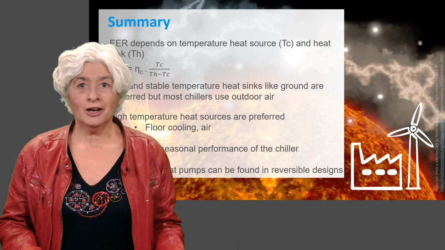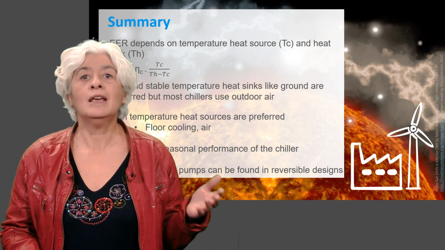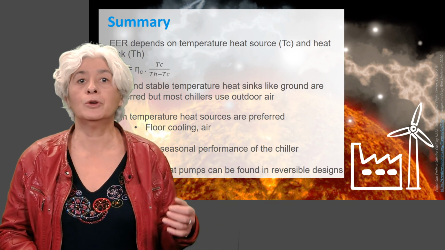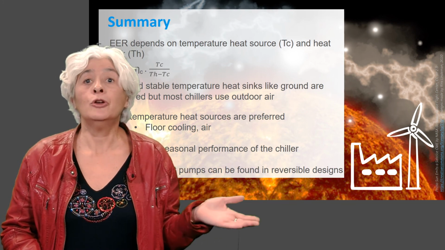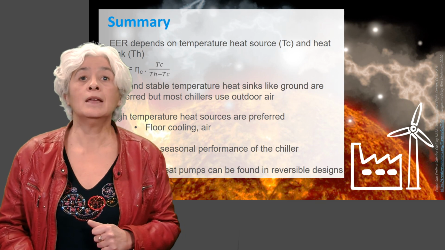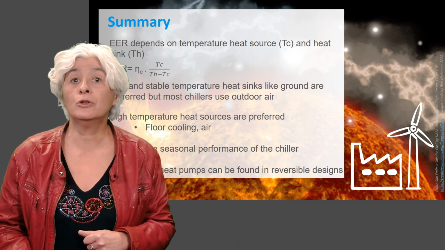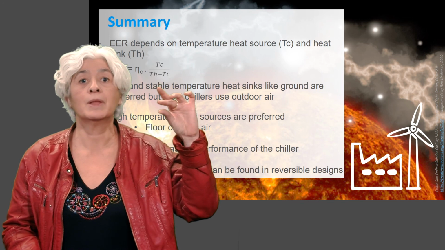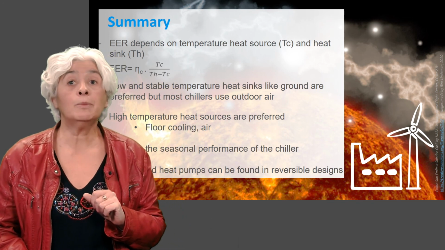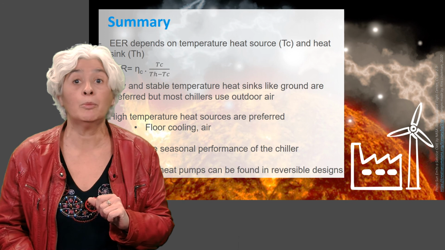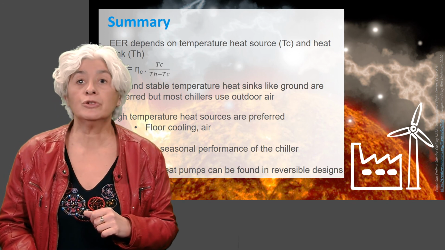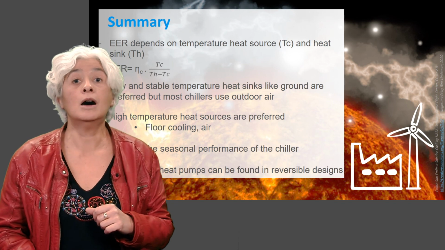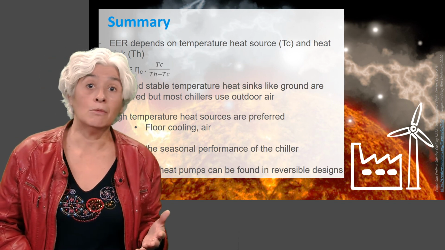In this lecture, you have discovered how the EER of chillers is determined by the temperature levels of the heat source and the heat sink. To obtain a high efficiency, it is very important to limit the temperature difference between the sink and the source. This is why low, stable heat sink temperatures are preferred. At constant source temperature, a ground source chiller will have a higher EER than a water one, than an air one.